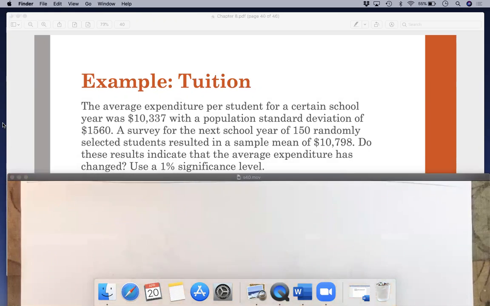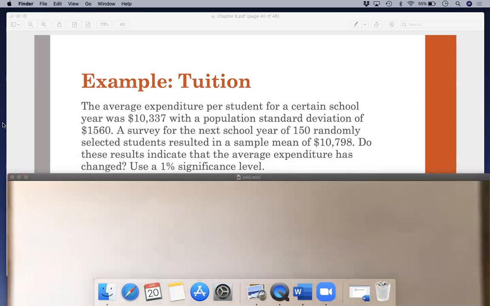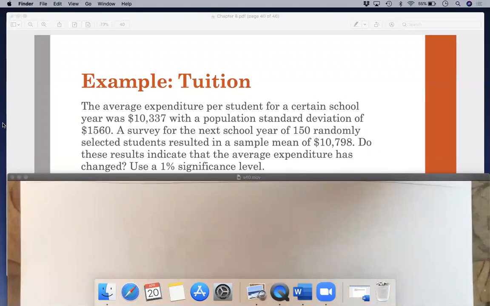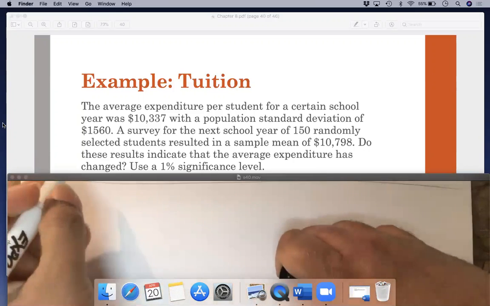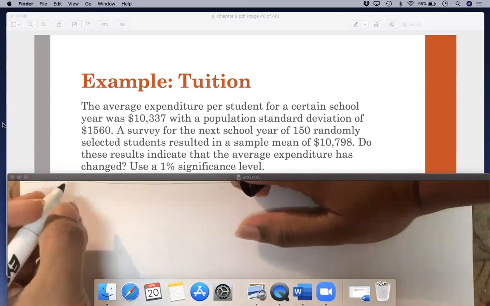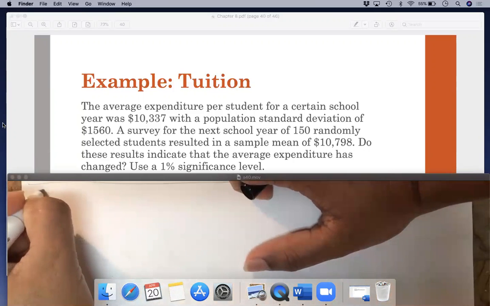The average expenditure per student for a certain school year was $10,337 with a population standard deviation of $1,560. Now you know the population mean and population standard deviation. When you read the question, you can recognize those parameter values. So write down those values first.